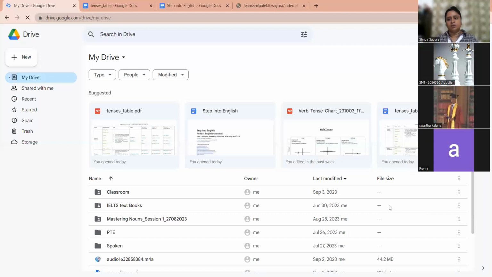We form question tags like this. He doesn't sing. Does he? Right? So these are the negative forms of simple present tense sentences.